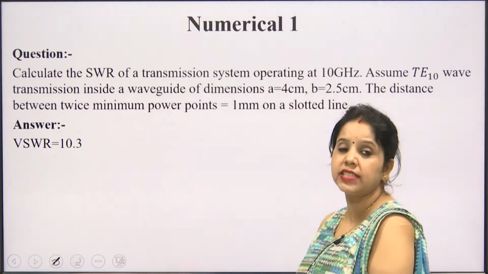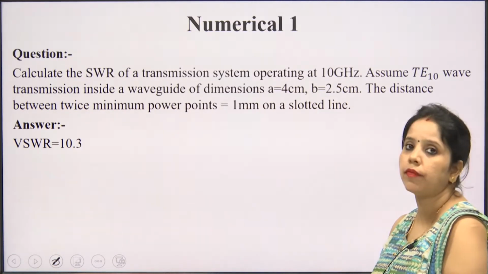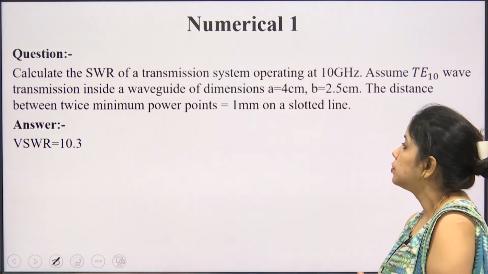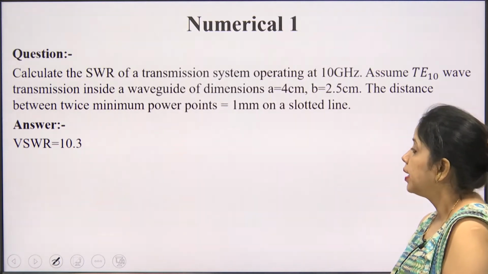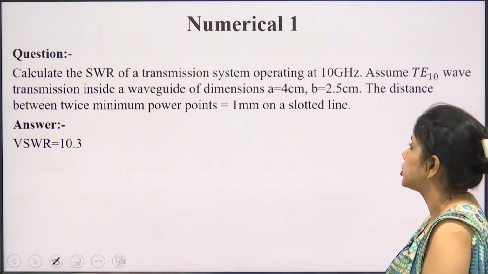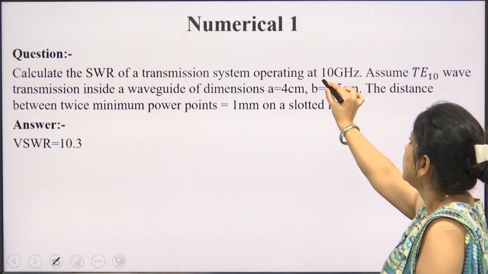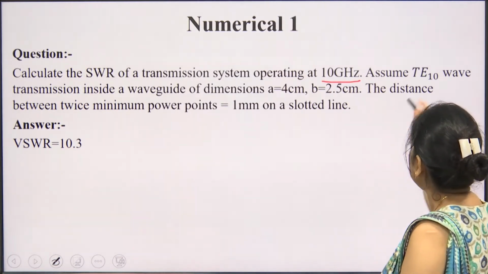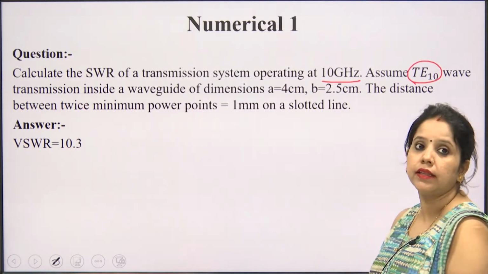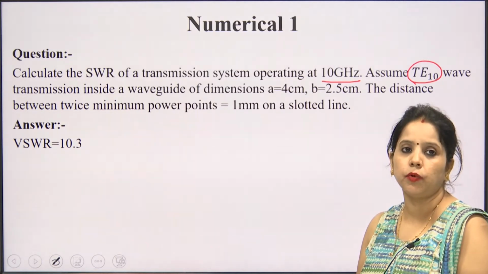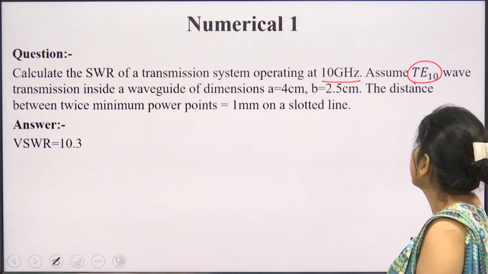Now, let us do some numericals related to the microwave measurement topic. So, what is given here? Calculate the SWR of a transmission system operating at 10 gigahertz. Assume TE10. Why are we taking TE10? Because this is the dominant mode in the case of a waveguide.